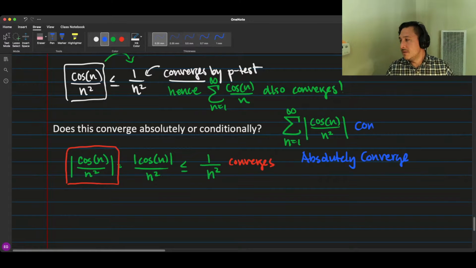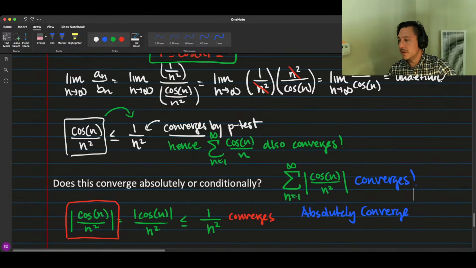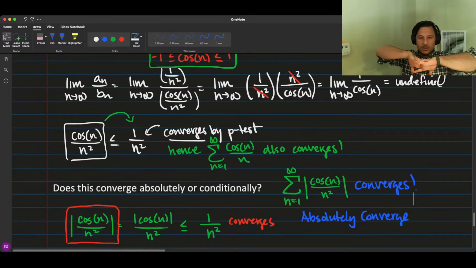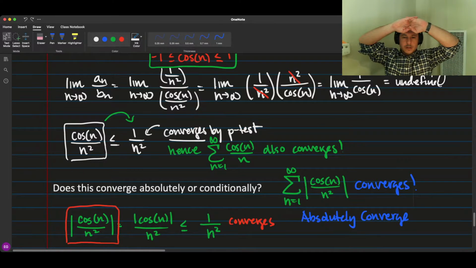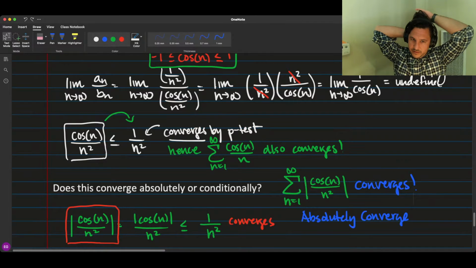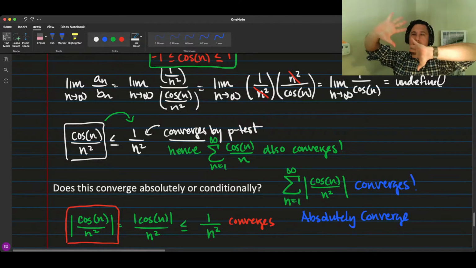Because when we put the absolute value, this still converges. I'm going to scroll up so you can see the whole thing as much as possible. So we know that it absolutely converges. It is not conditionally convergent, because when we put the absolute values around it, it still converged.